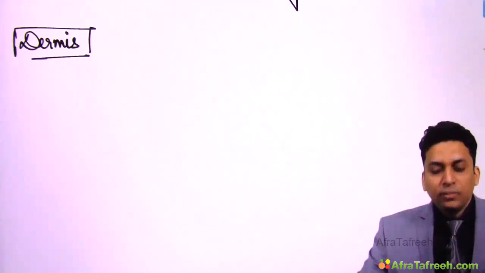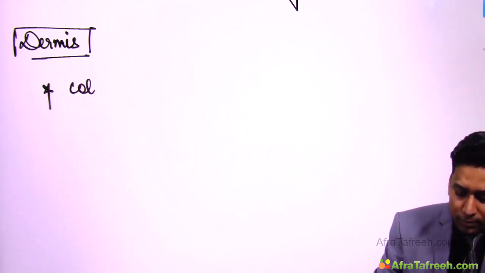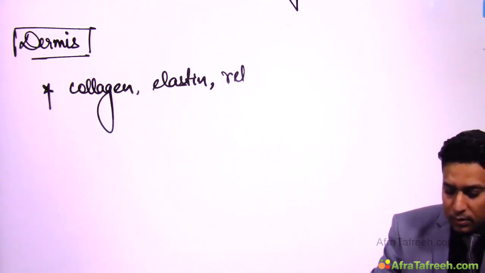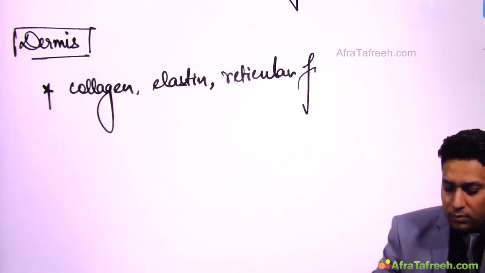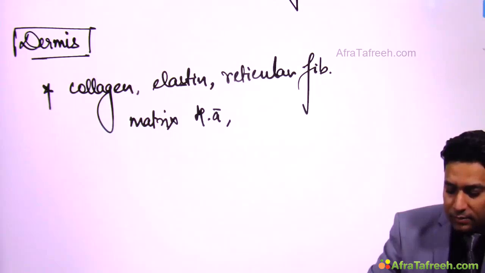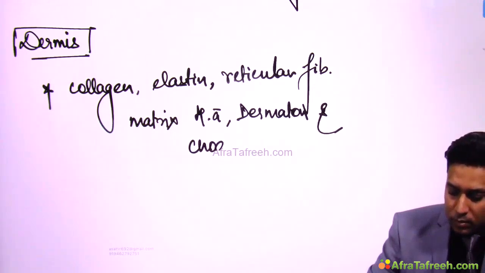Now below the dermoepidermal junction is the dermis. This dermis is made up of collagen, elastin and reticular fibers in the matrix of hyaluronic acid, dermatan sulfate and chondroitin sulfate.